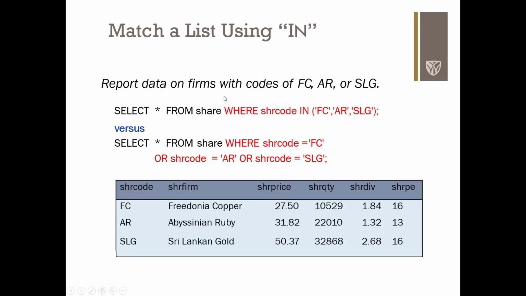An alternative would be the one shown on the top. Select star from share where share code in, and then just list the values that we want included: FC, AR, SLG. Keep in mind that these have to be in single quotes since they are from the share code attribute or primary key, which we defined as character, and that's why we need to use the quotes.